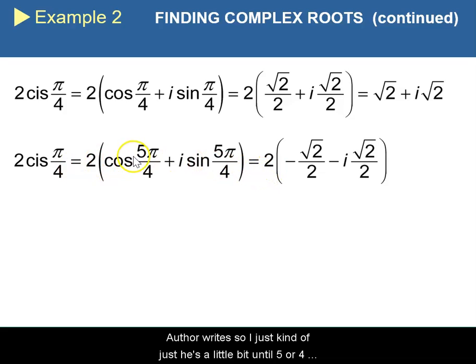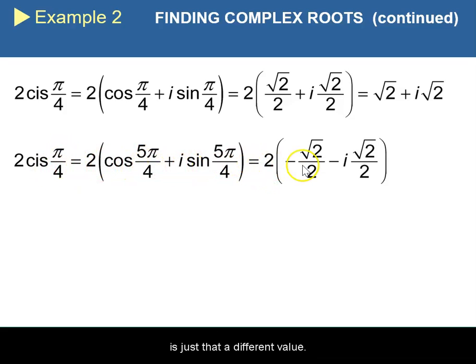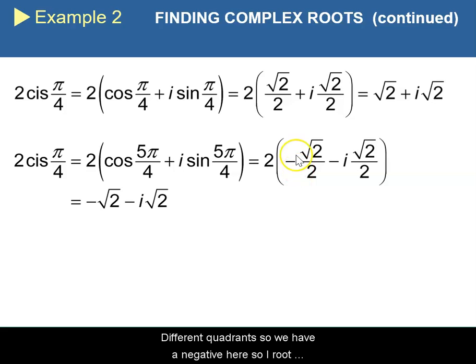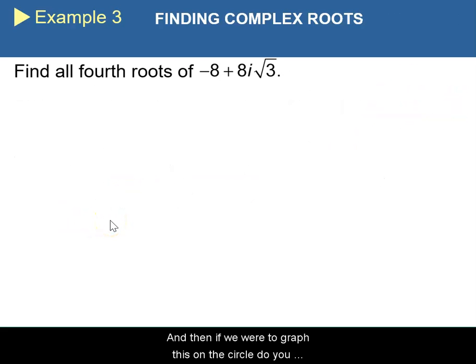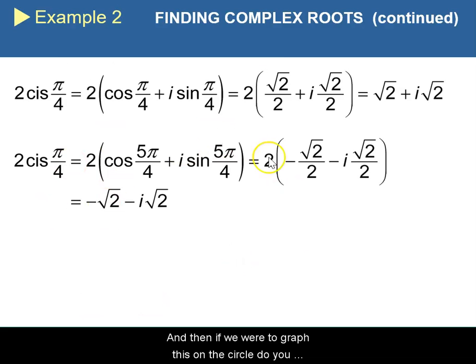But regardless, it's still pi over 4, just at a different value, a different quadrant. So we have a negative here. I have root 2 plus i root 2 and negative root 2 minus i root 2. If we were to graph this on the circle, you would see that these are an angle of pi apart on the circle of radius 4.